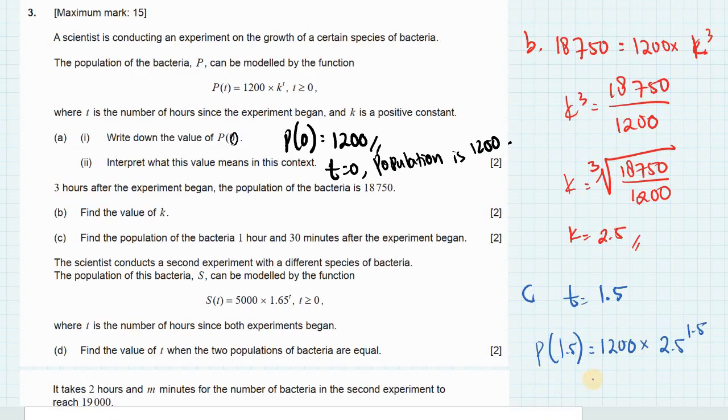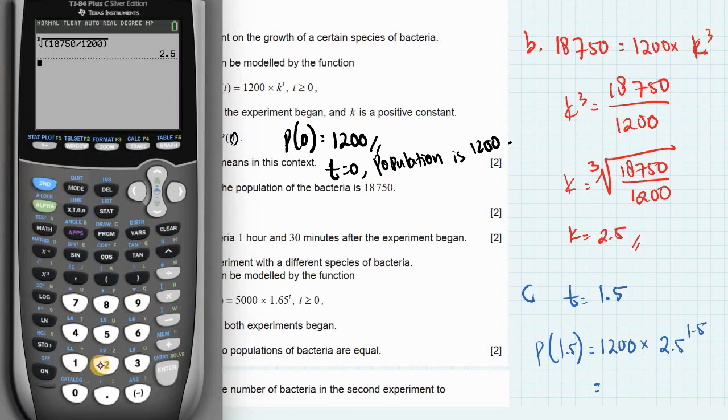The time is 1.5, so 1200 times 2.5 to the power of 1.5. We will have 4743.4.